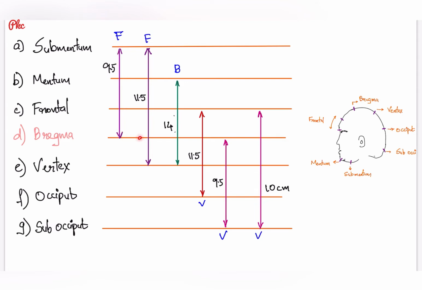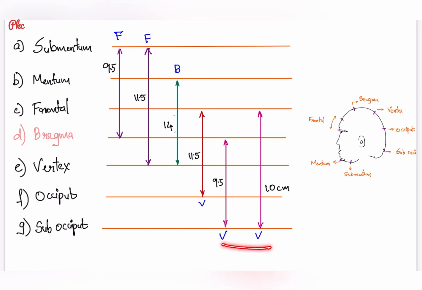Next it crosses to the next level, that is submentovertical. So we are done with the 2 diameters taking origin from submentum. Next we will go to subocciput.